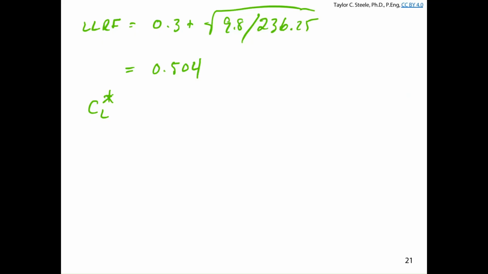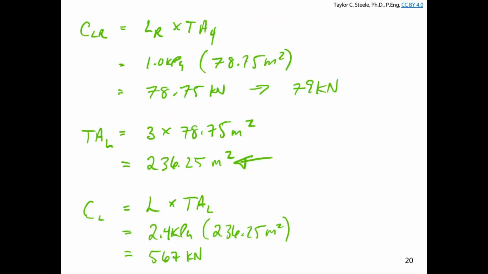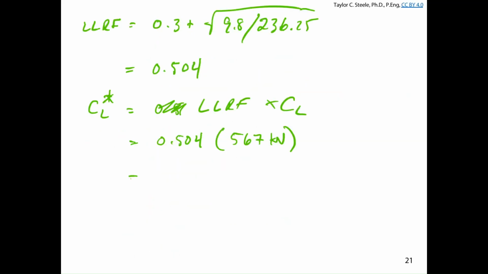So the reduced live load is the live load reduction factor times CL, which is 0.504 times 567 kilonewtons, right? And that means my reduced live load is going to be about 286 kilonewtons.